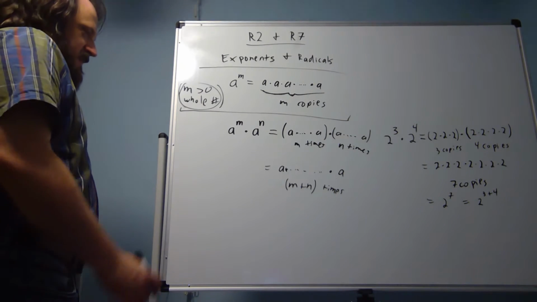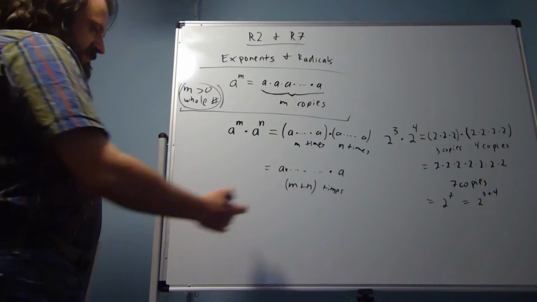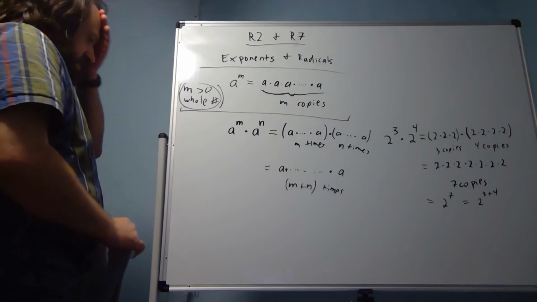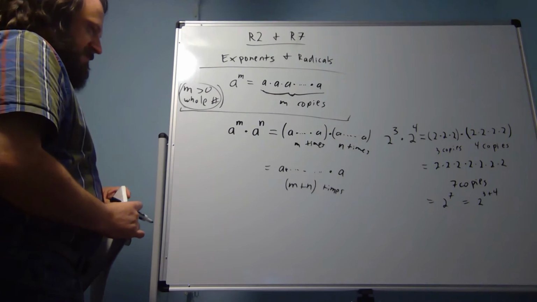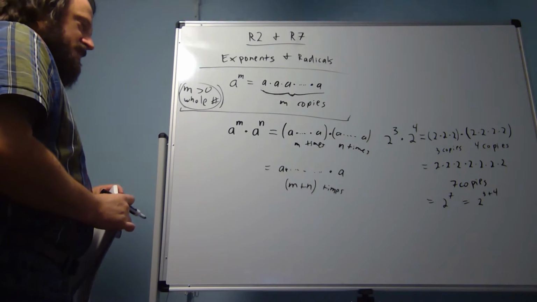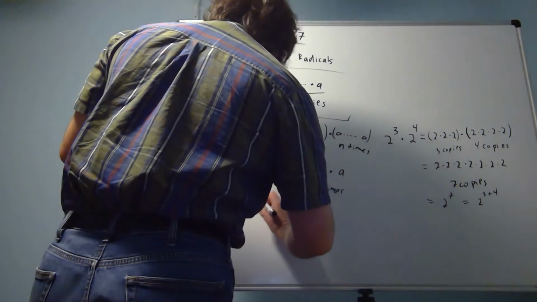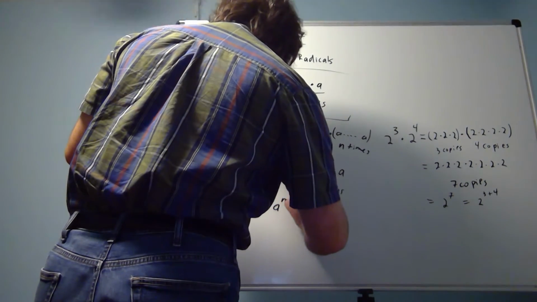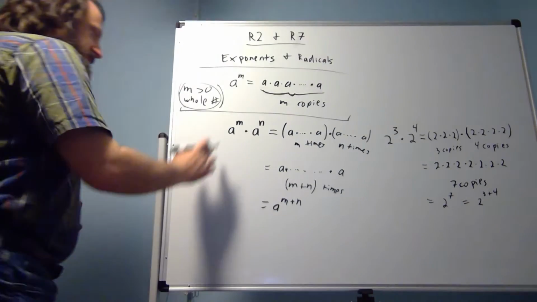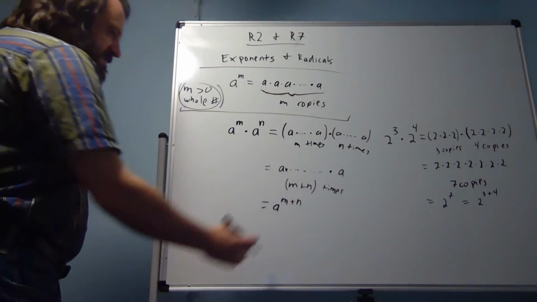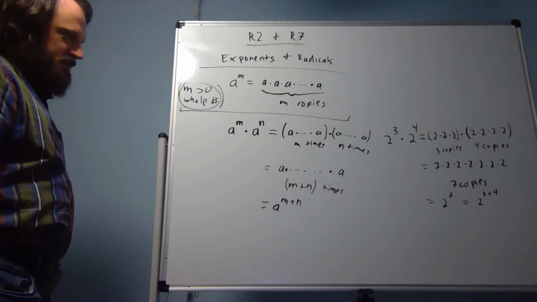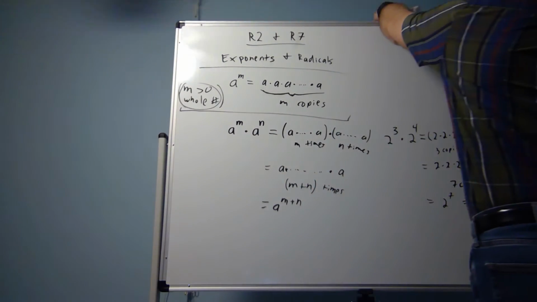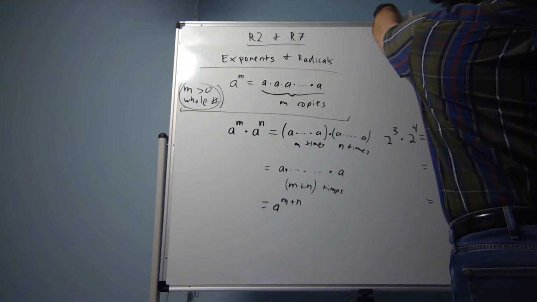So you start with a, then you multiply by an additional a all the way until you've got m plus n copies of a written down on the board. And by our definition, that's just this many times this many is that many multiplied. So that's basically it.